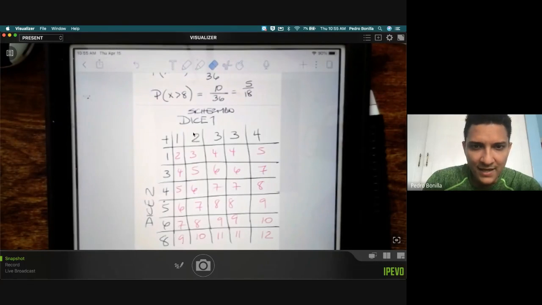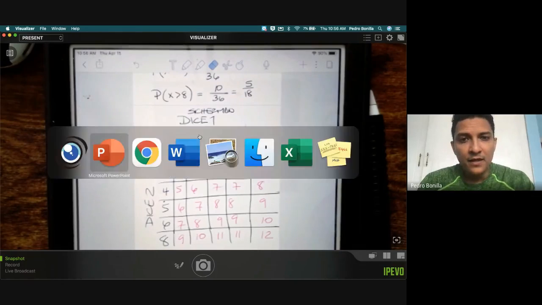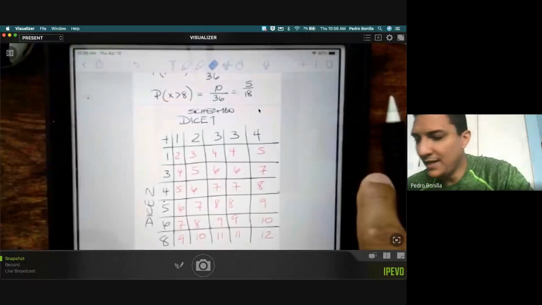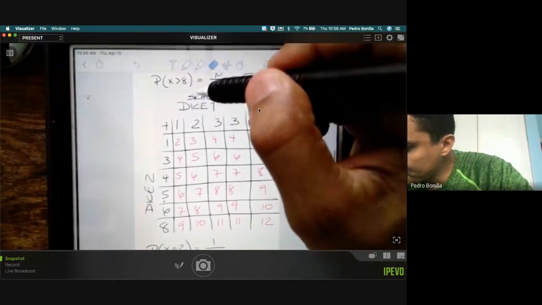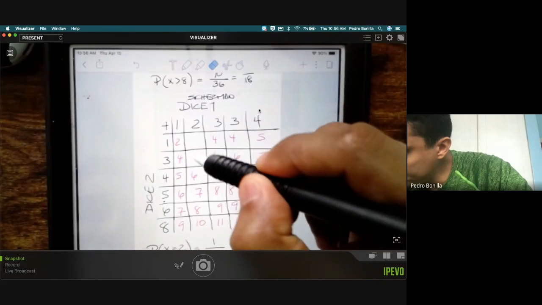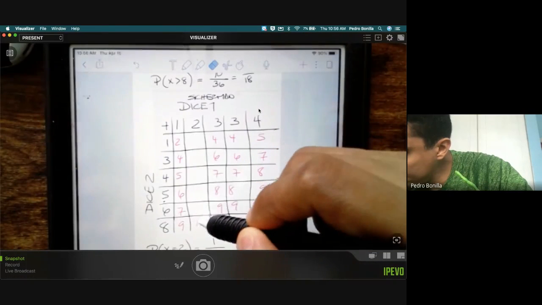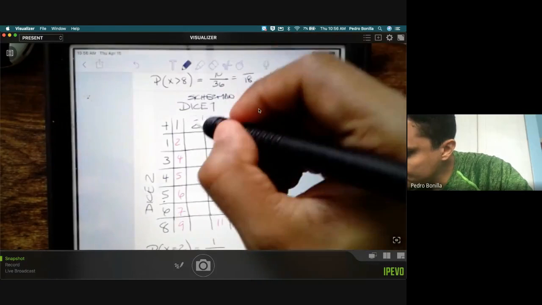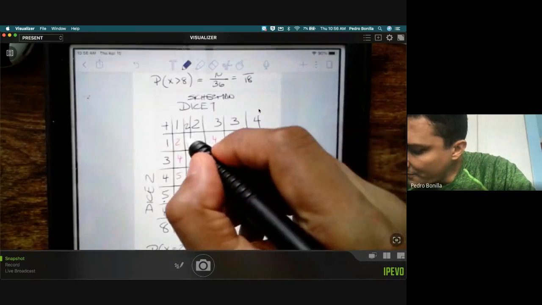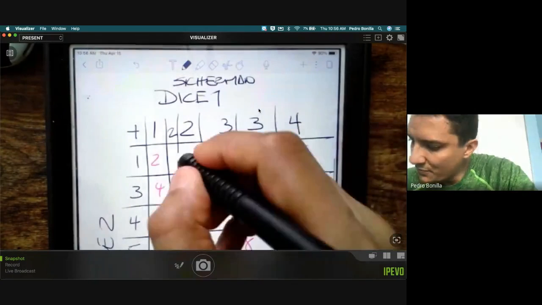Notice that I just wrote 1, 2, and there are 2 number 2s. So let me fix it. It's just this column. Here we have it. So now I think that it's going to work.